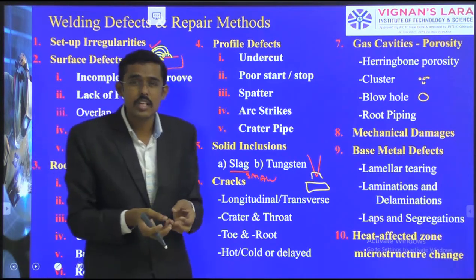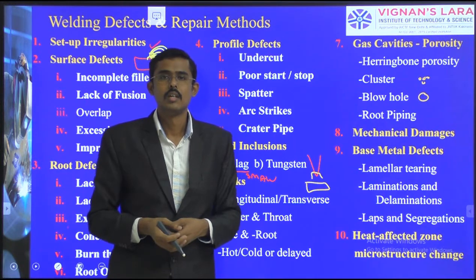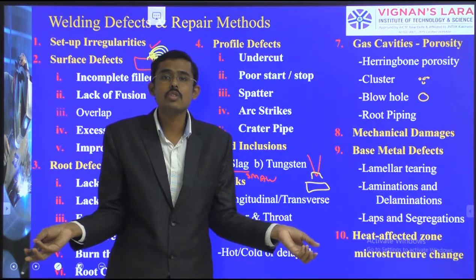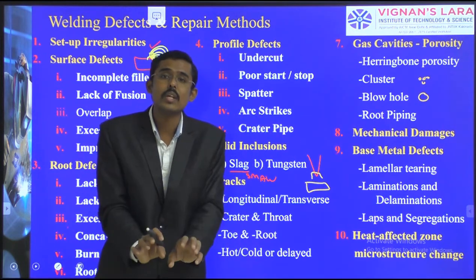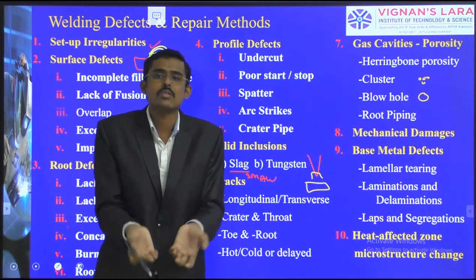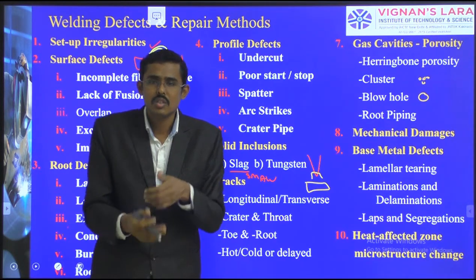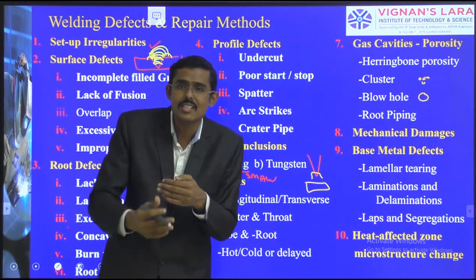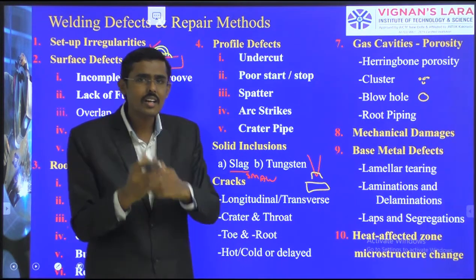The remaining part of the heat will be distributed throughout specimen A and specimen B. This heat distribution will be rapid, and there will be rapid cooling. So this changes the microstructures, such as dendrite formations or martensite formations. So these microstructural changes cause changes in the mechanical properties. So it all comes under defects.